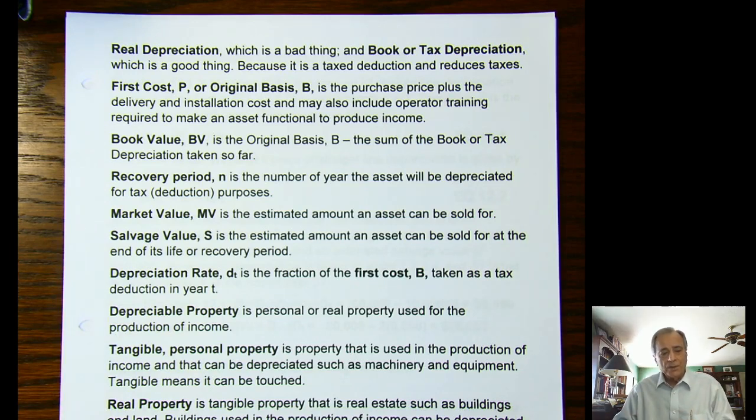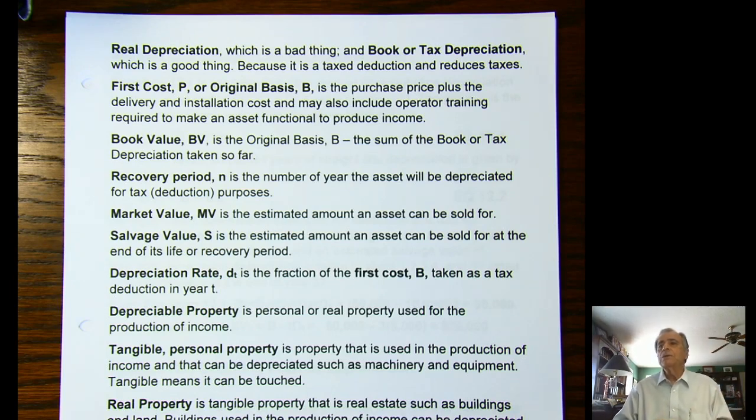Give you a case, maybe an example where the book value is going down because you're depreciating the asset, and yet the market value, what you could sell it for, is going up.